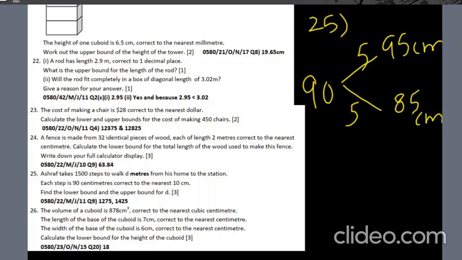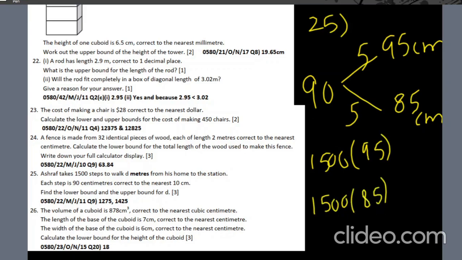Find the lower bound and the upper bound for d. So d would be 1500 steps, and for the upper bound answer multiply this with 95. For the lower bound answer multiply 1500 with 85, but the answers will be in centimeters. Divide them by 100.